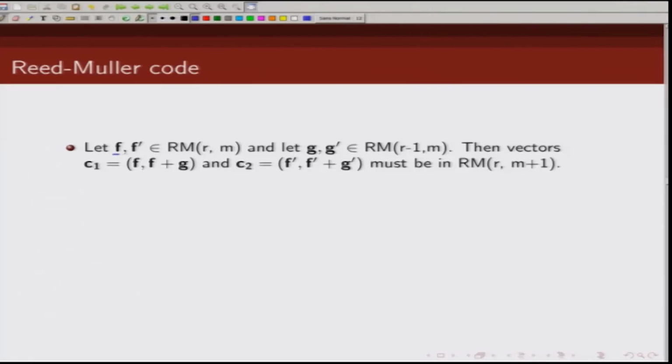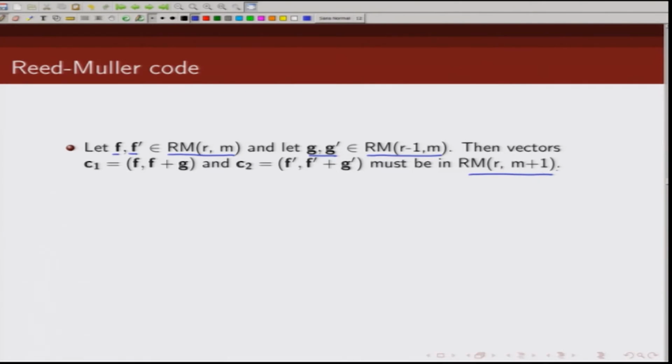So, let us consider two code words: f', which belongs to the Reed-Muller code of order r and length 2^m, and g', which belongs to the Reed-Muller code of order r minus 1 and length 2^m. Then we are defining two code words. A Reed-Muller code of order r and length 2^(m+1) is of the form (u, u plus v), as we just said.